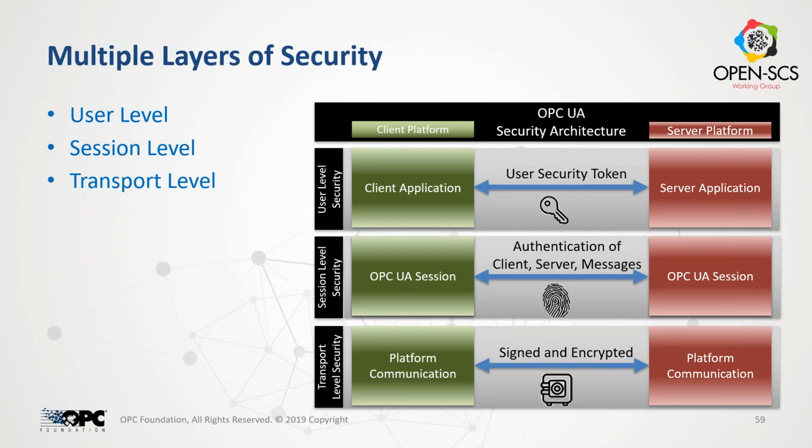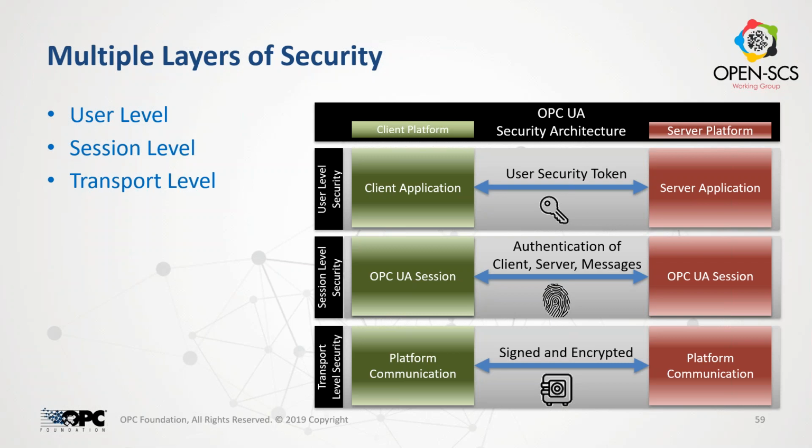There is user level security, user security tokens that are passed back and forth between the client application and the server application. These are the standard username, passwords, Kerberos systems, different methods there. There is authentication of the sessions themselves that are set up between the applications, the clients and the servers.